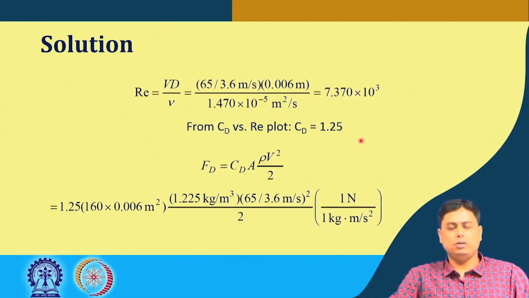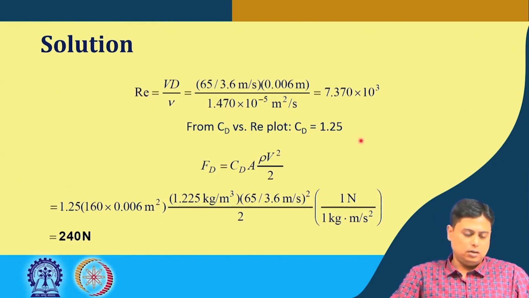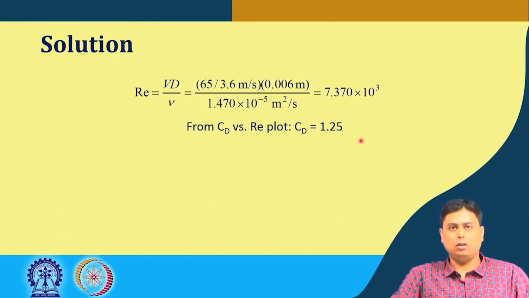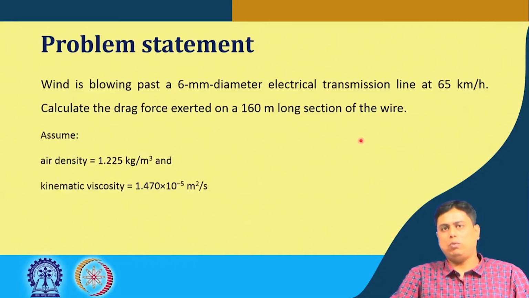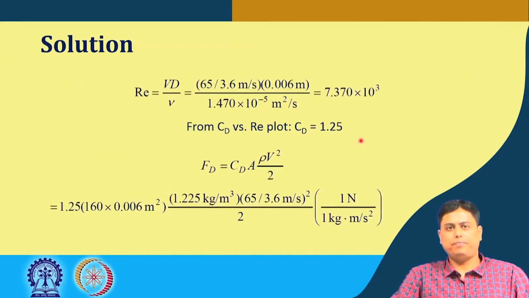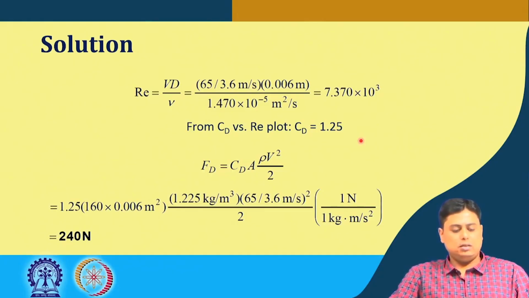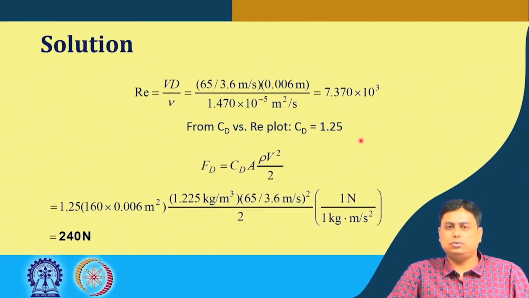So, we replace those numerics and we find out the force that is acting on this 160 meter long section of the wire. This 240 Newton is nearly 25 kg of weight hanging on that section of the wire.